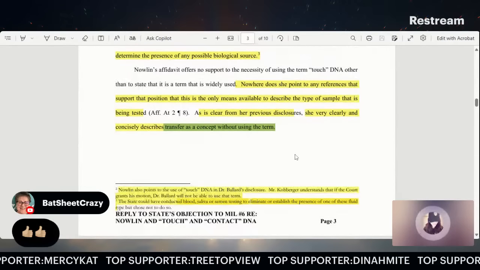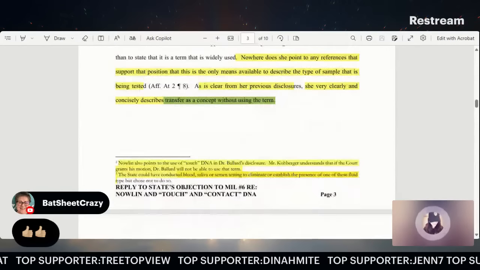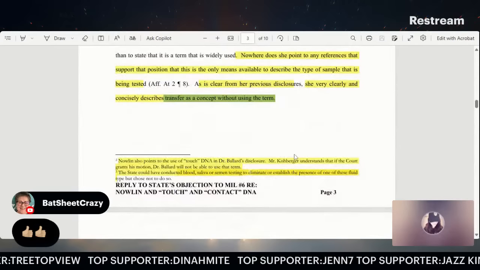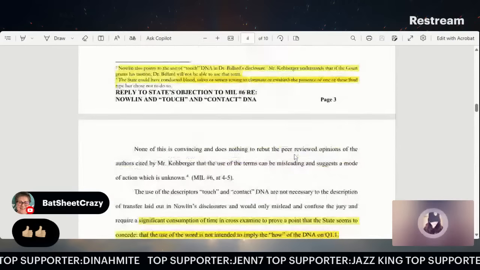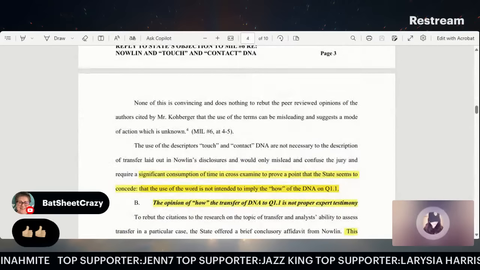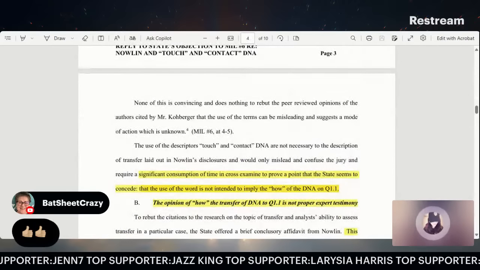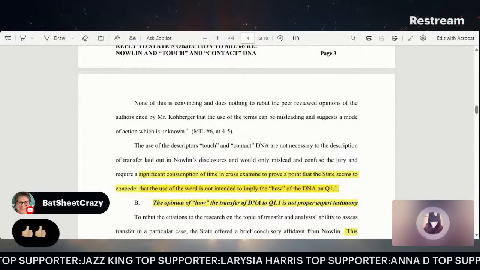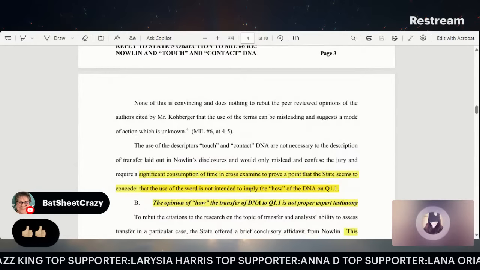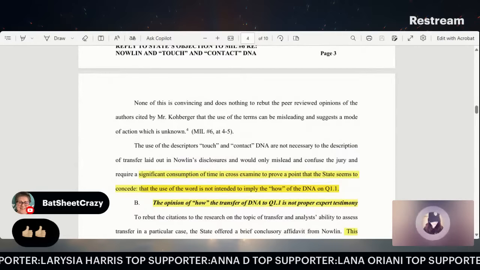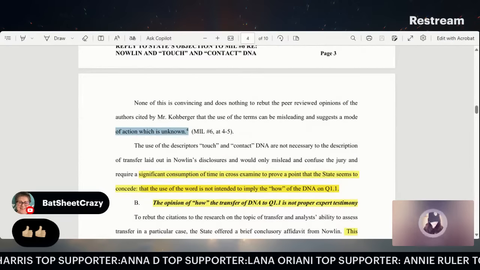The first time she uses the word touch is this year, March of 2025. None of this is convincing and does nothing to rebut the peer-reviewed opinions of the author cited by Mr. Kohberger, that the use of the terms can be misleading and suggests a mode of action which is unknown.